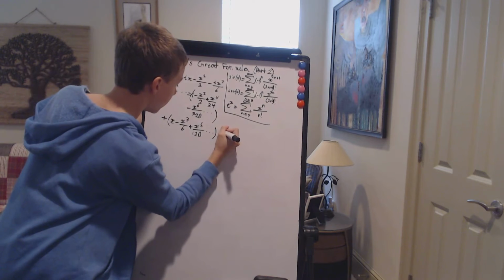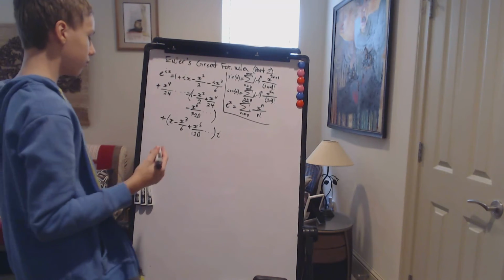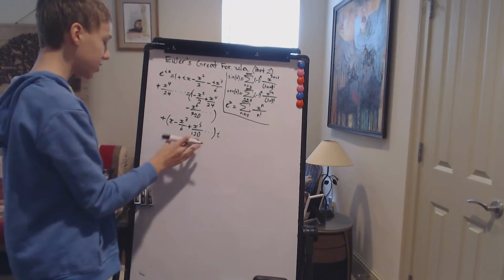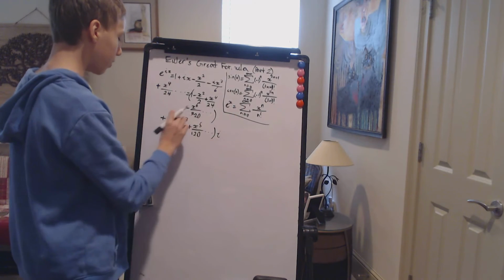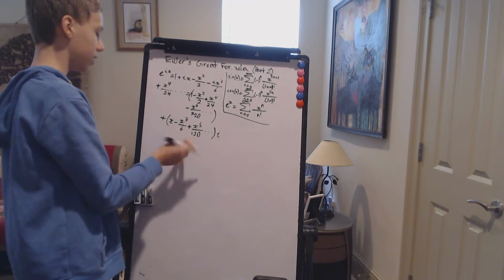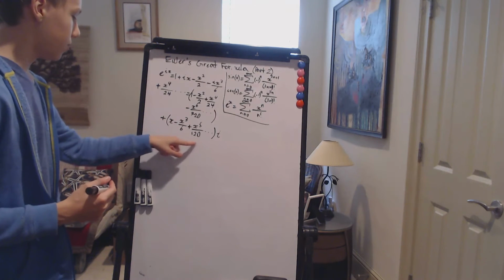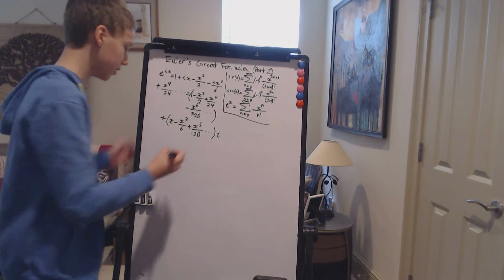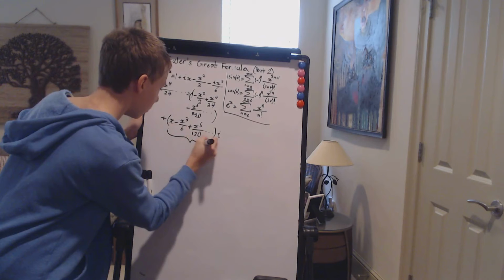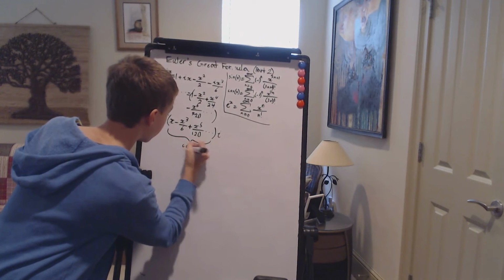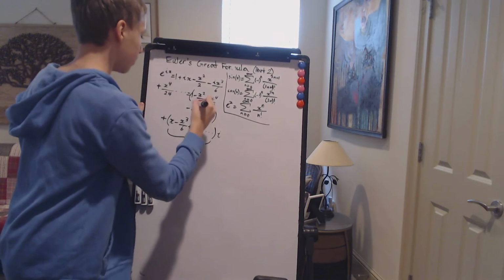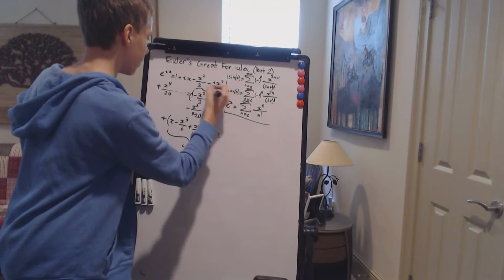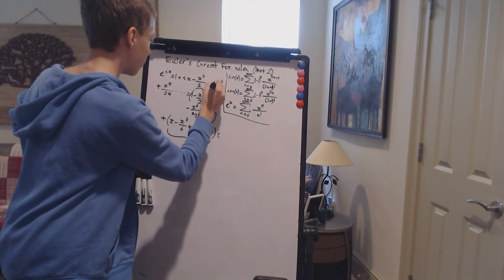And then we get an i here. Well, what do you notice? All the odd powers over all of the odd factorials here. This piece here is sine of x.